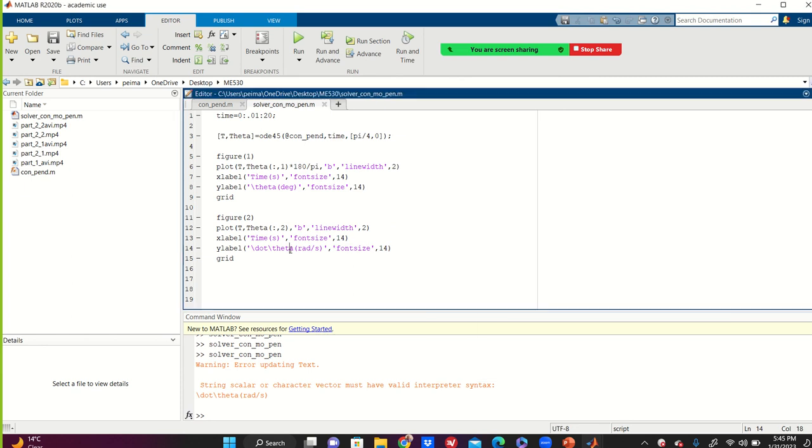Angular velocity is always in radians per second. In the previous plot, I multiplied by 180 divided by pi to make it degrees so it would be visible for you. But I cannot do that here. The angular velocity is always radians per second. See what I'm saying? In the SI.